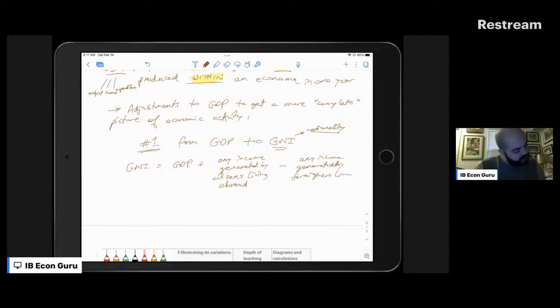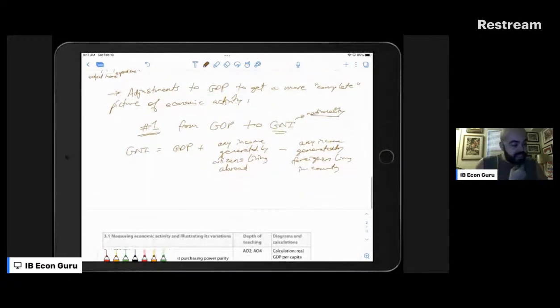So if you're going to get the GNI of the United States, you basically take the GDP measurement, and then you add any income generated by American citizens that are living abroad. Remember, this income could be wages or interest or rent or profit. It doesn't matter, but it's any income generated by Americans living abroad: any wages, any interest, any rent payments, any profit.